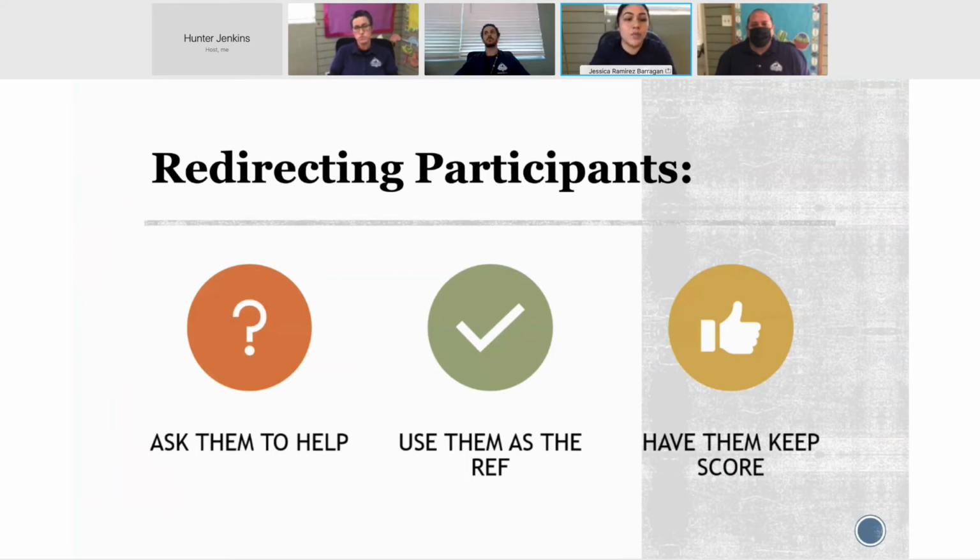So what are some ways that you can redirect a participant? Ask them to help. If you know that they're struggling staying in their seat and you know that you have to set up 28 trays for craft time, get them up from their seat and have them come and help you inside the activity room so you can start prepping these crafts.